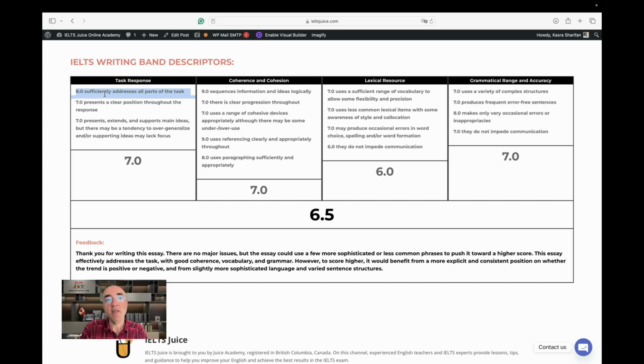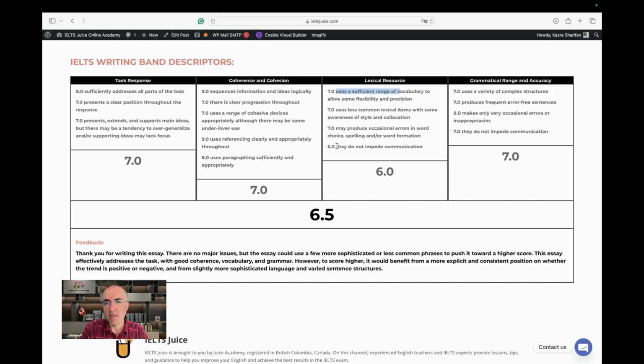The thing that I didn't like was overgeneralizing the main ideas that we mentioned. We didn't say any examples, no details. Because we didn't come up with many details and examples, our range of vocabulary remained at sufficient. So we had good words related to the topic, but not a wider range.